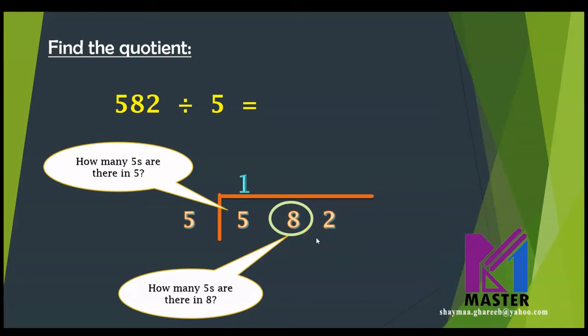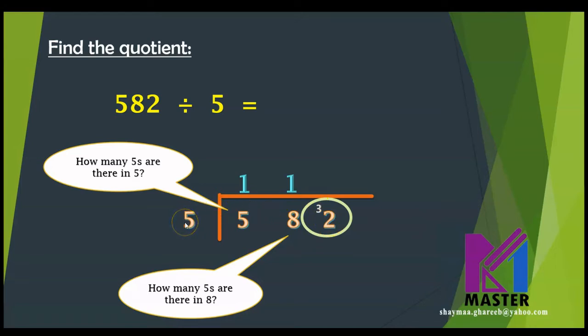So the answer will be 1, remainder 3. I put the answer here and the remainder between the 2 digits. After I finish, I will move to the next digit. But this time it has a remainder, so I will read it as 32. Then I will do the division normally.